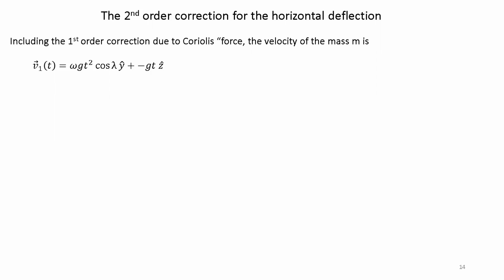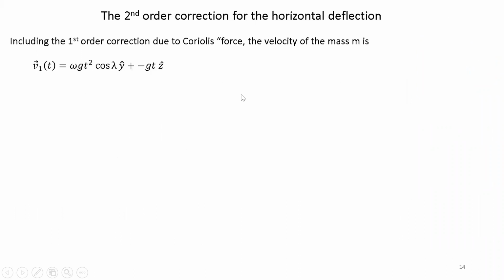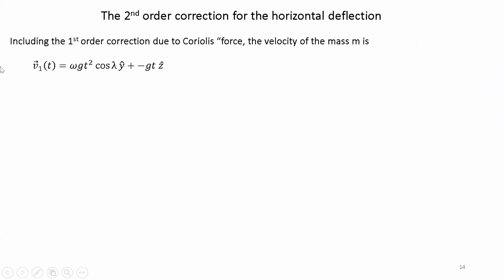Now, as I said, this is the first order correction, or the first order solution that we got. So it's this curve now, the green one. This is the position as a function of time, and this is the velocity as a function of time.